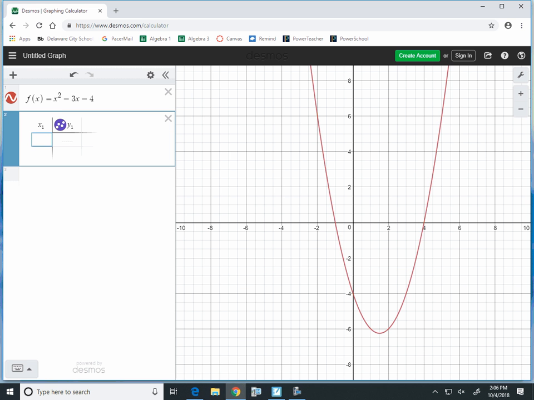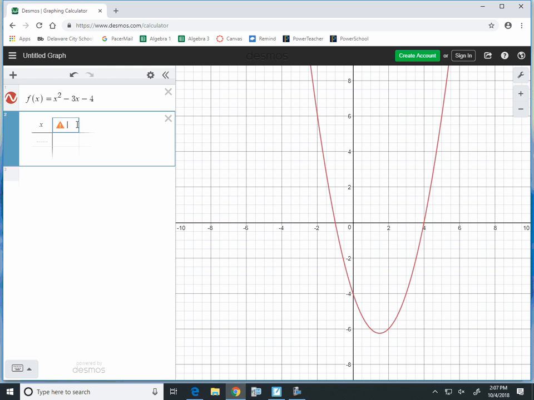All right, now you're going to go into X. We don't want X1. So where this says X1, go ahead and delete the 1 that's behind that X. We just want X by itself, and we don't want Y.